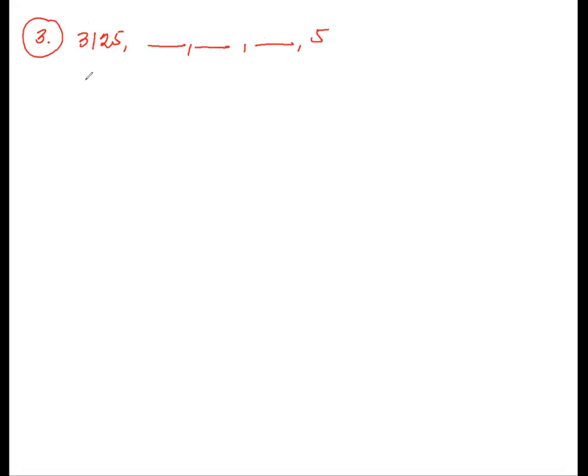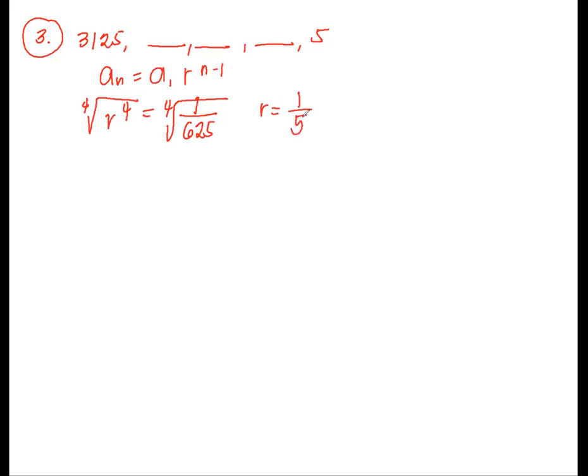Then we found out that by using the formula a sub n is equal to a sub 1 times r raised to n minus 1, you'll get r raised to 4, which is equal to 1 divided by 625. Then when we get the fourth root, we have r is equal to 1 over 5.